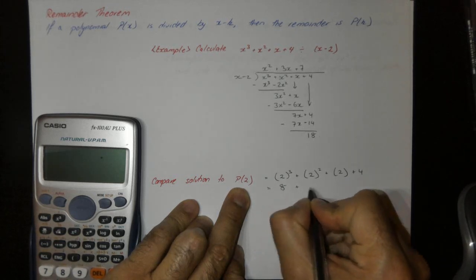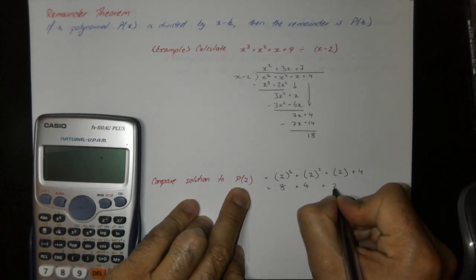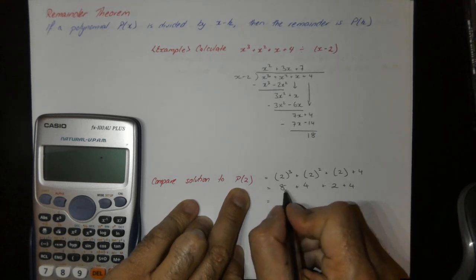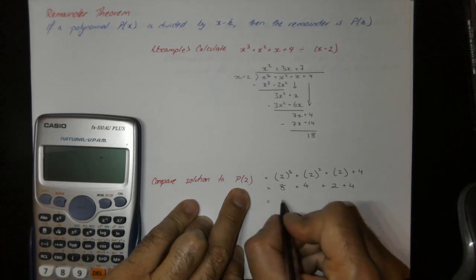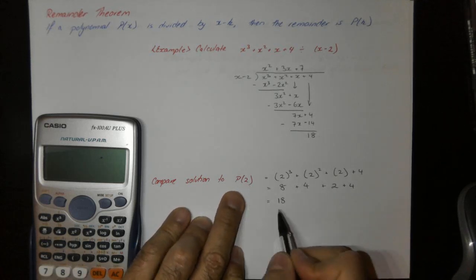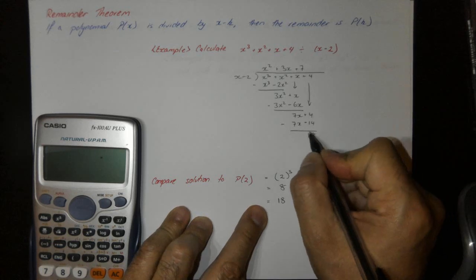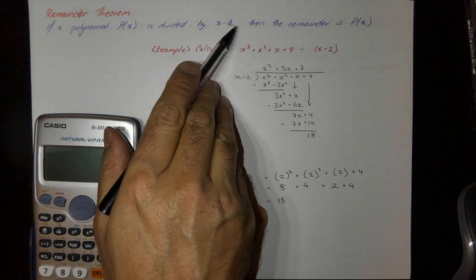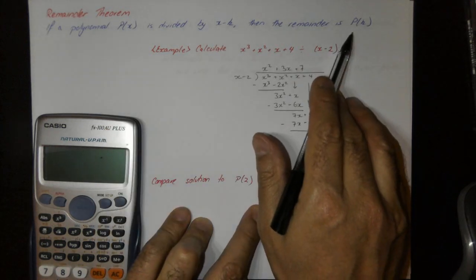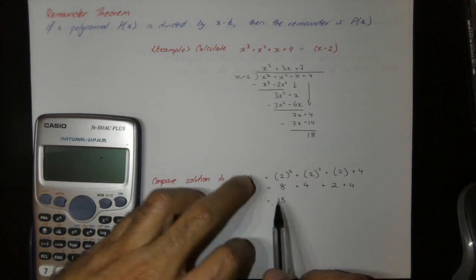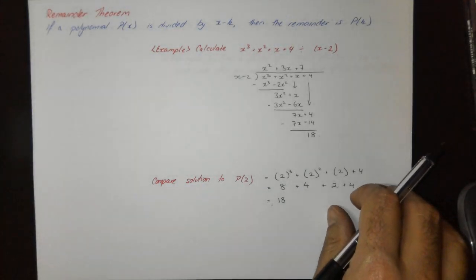That's 8 plus 4 plus 2 plus 4, which is 18. So p of 2 is equal to 18, which is also the remainder. So if a polynomial p of x is divided by x minus k, then the remainder is your value. That's the remainder theorem.